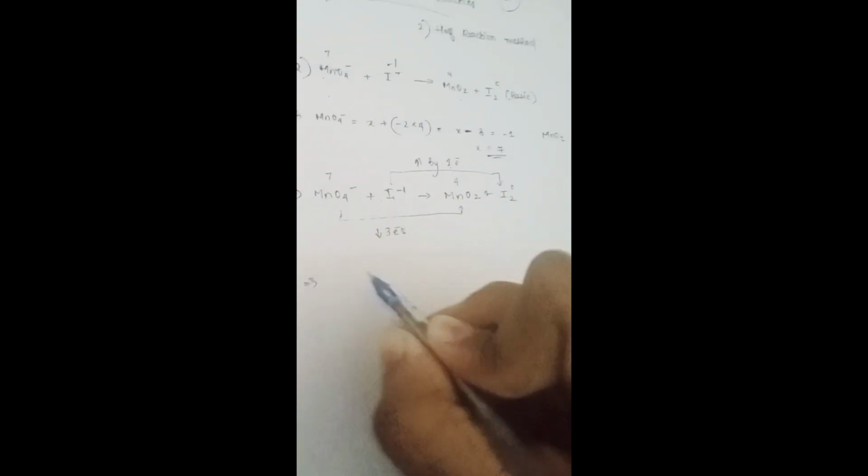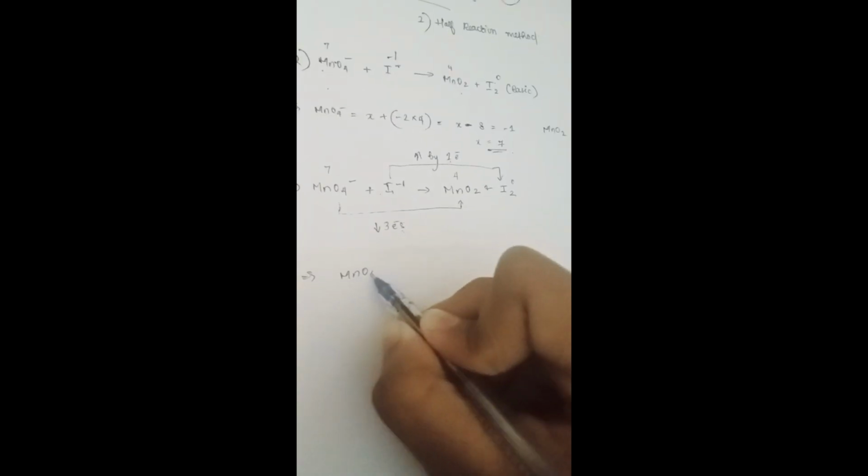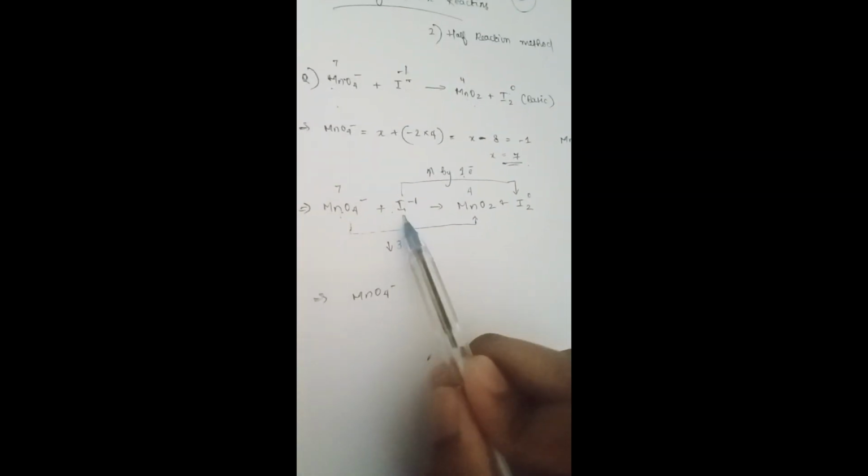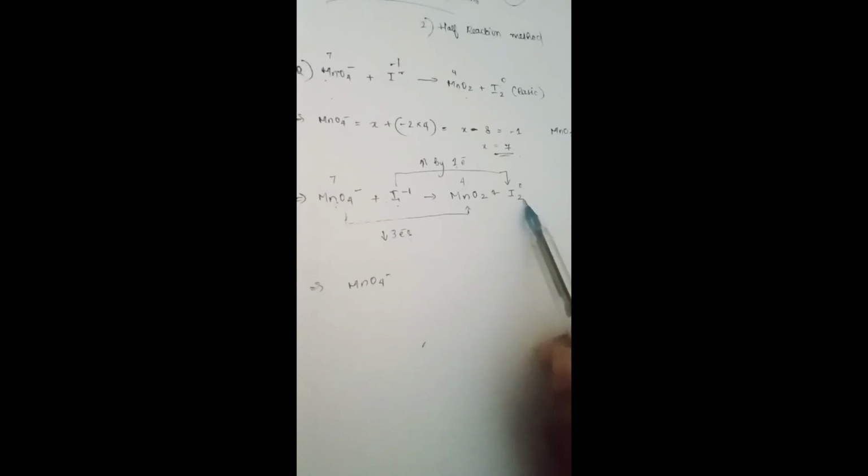Just like in the oxidation number method, we need to balance the whole equation. Over here, how many Mn are on the reactant side? 1 Mn, and 1 Mn on the product side, so it is balanced, whereas there is 1 iodine here and 2 iodine here.